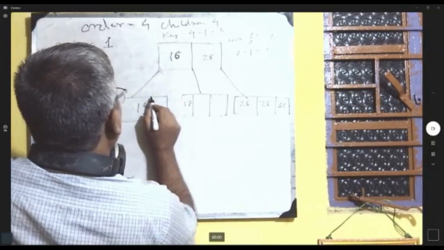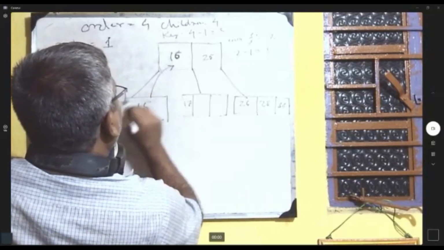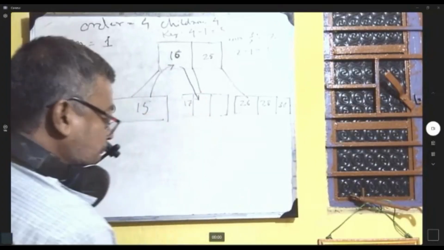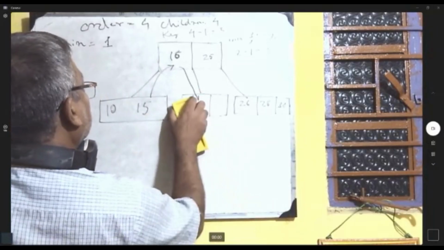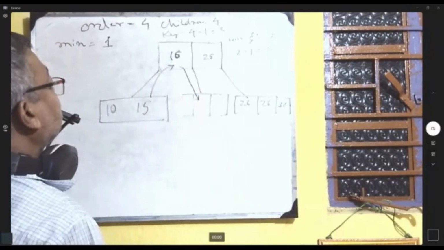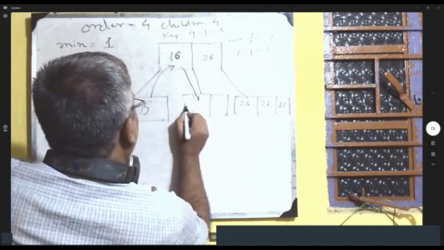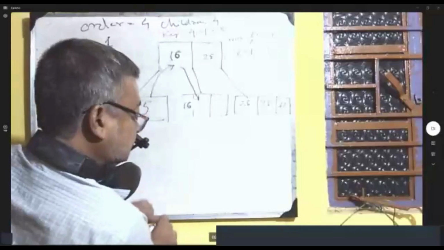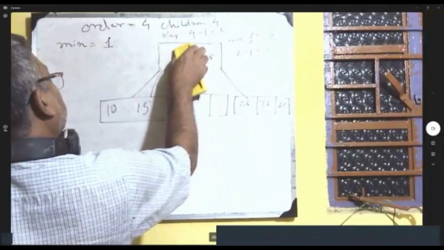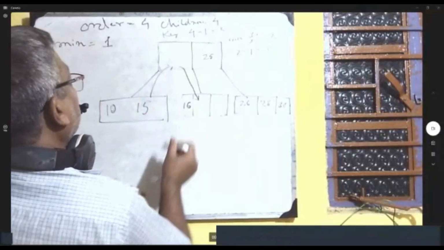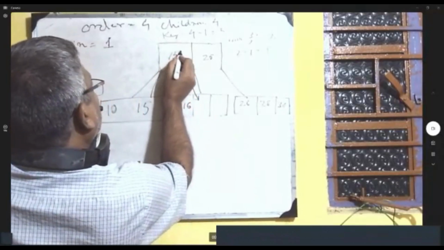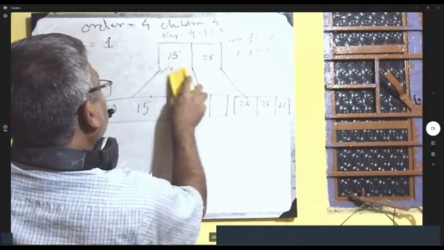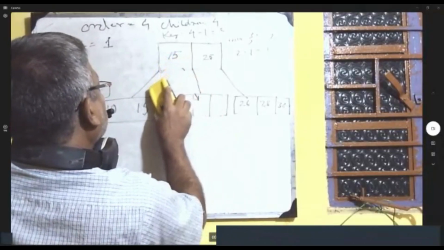So 16 will move to the place of 17, and 17 will be deleted. 16 comes down to this position, and 15 will take the place of 16. So 15 will come here, and the problem of deletion is solved.